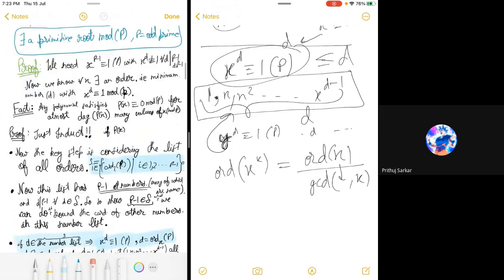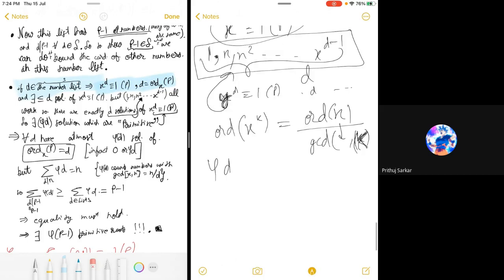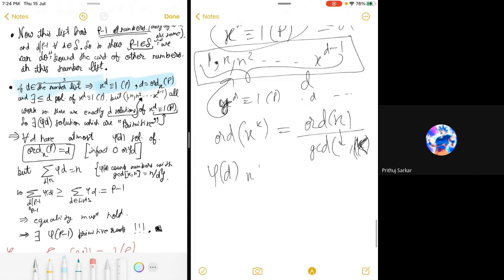So only those k will work which have GCD 1 with the order, which is d. So there are exactly phi of d solutions y with y to the d congruent to 1 modulo p, and d being the order of y modulo p.